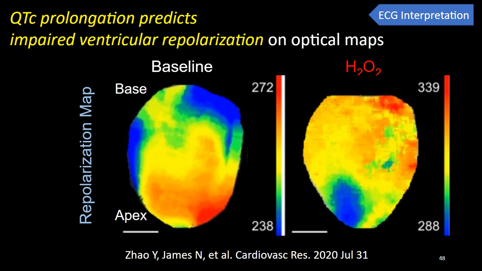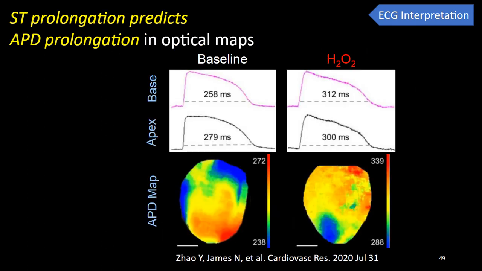QT prolongation by H2O2 on ECG leads to the prediction that H2O2 impairs ventricular repolarization, which we later confirmed by repolarization time optical maps. ST prolongation by H2O2 on ECG leads to the prediction that H2O2 prolongs the action potential duration, or APD, which we later confirmed by APD optical maps and voltage tracings. Importantly, thanks to the ECG insight that H2O2 prolongs ST, we can predict that the tissue and cellular mechanism responsible for ventricular repolarization is prolongation of the action potential plateau.